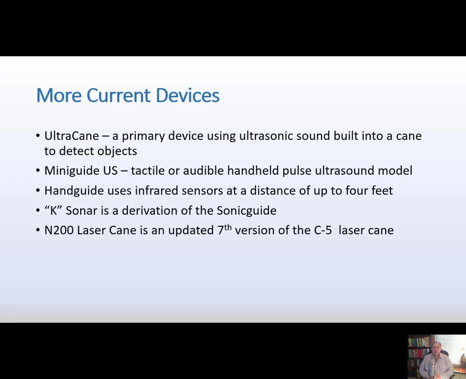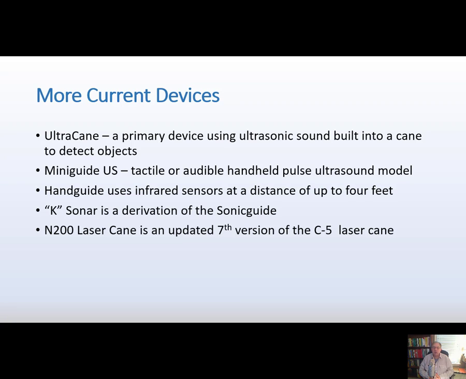Then we also have the Hand Guide. And this is a very interesting device and could be especially important for us. And I'll tell you about why. It uses infrared sensors at a distance of up to 4 feet. And that's its major limitation, is that it doesn't have much range. It's handheld.